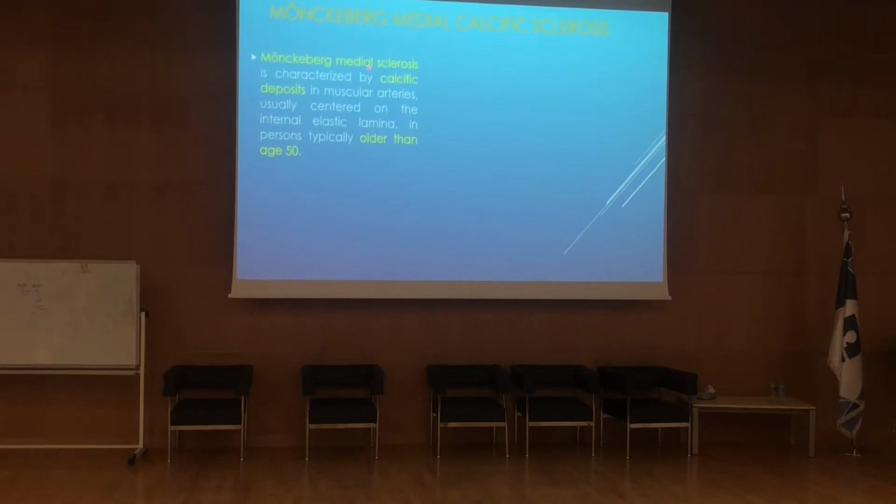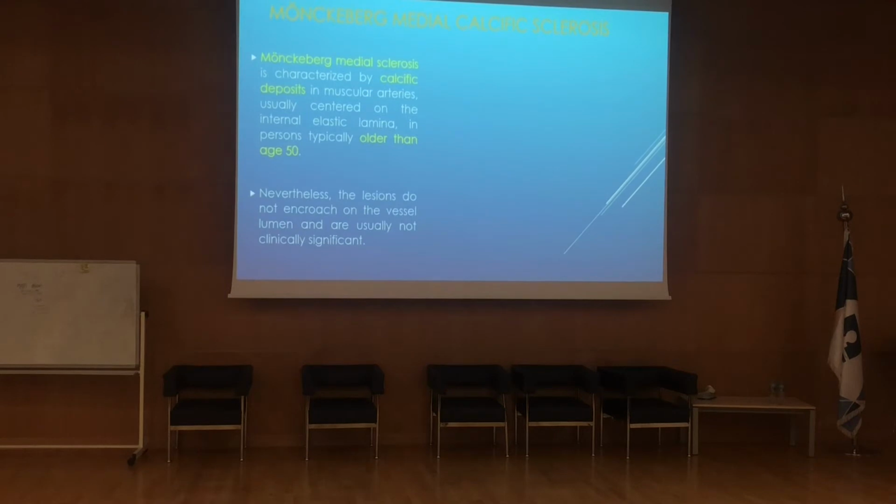This Monckeberg medial sclerosis is characterized by calcification or calcific deposits in the media, meaning it is behind the internal elastic lamina, or in between the internal and external elastic lamina. It is encircling, right? It usually happens after the age of 50.